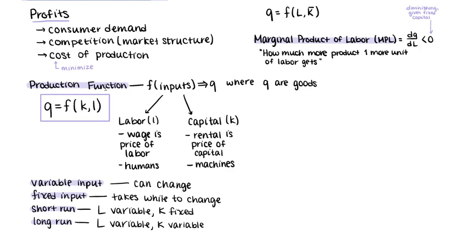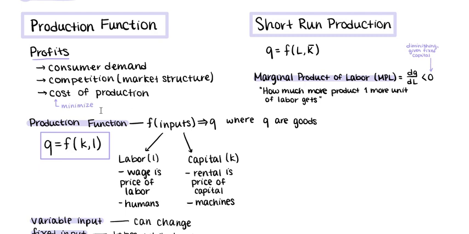So we simply set a production function as the quantity equals a function of two inputs, labor and capital. For the labor part, the wage is the price of labor, and it sounds like the human side.